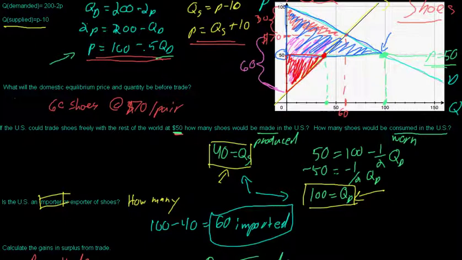So this is 50 minus 10, which is 40, and then the base here will be just the 40 shoes that were produced in the US. So US producers only get the surplus from those shoes that they're producing. So they only get this right here. And so 40 times 40 is 1,600, divided by 2 is 800.